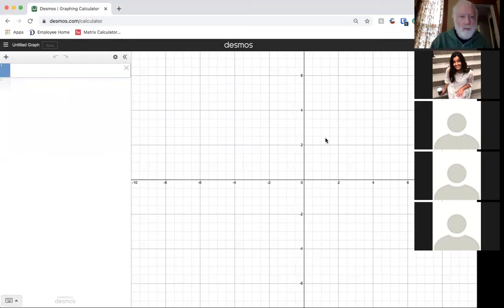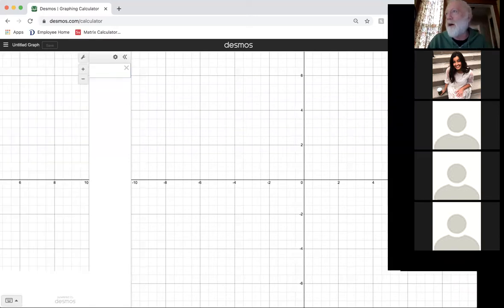Just give me a second to get it set up. Okay, so I'm going to share the screen with Desmos. Is everybody seeing the graph? If you're not seeing the graph, let me know.